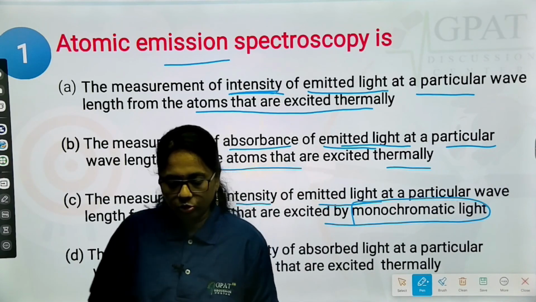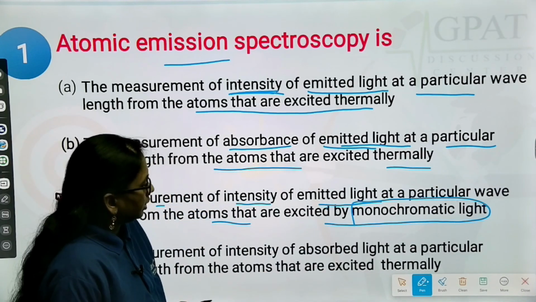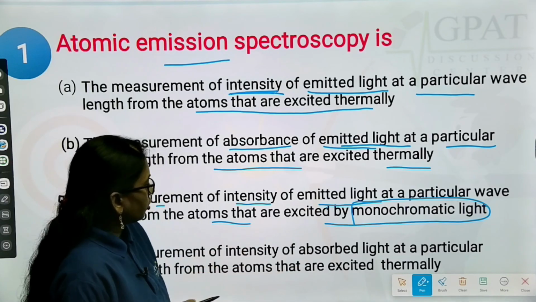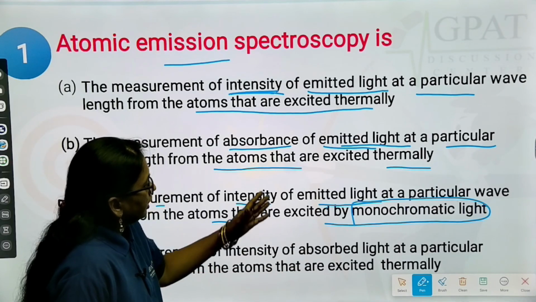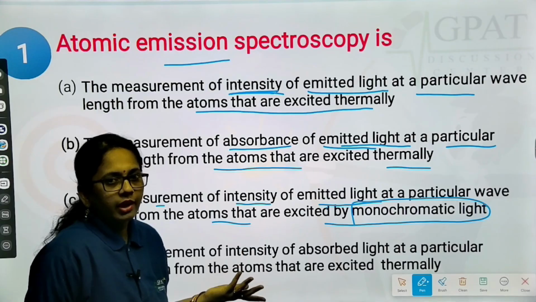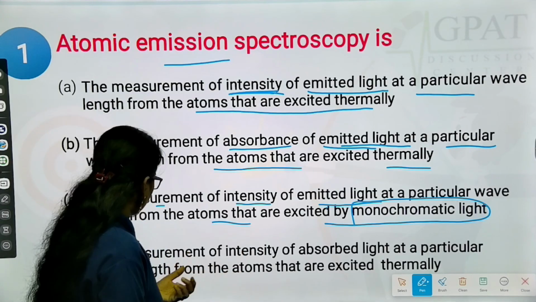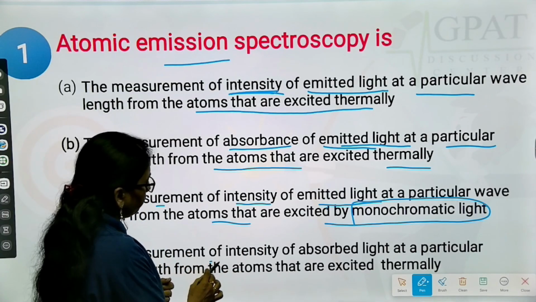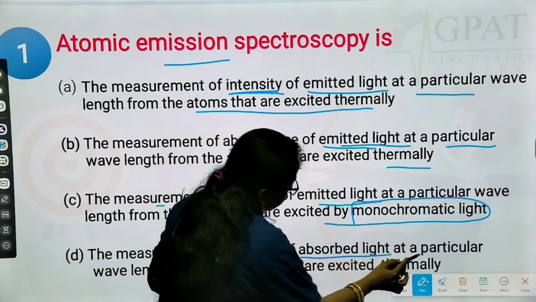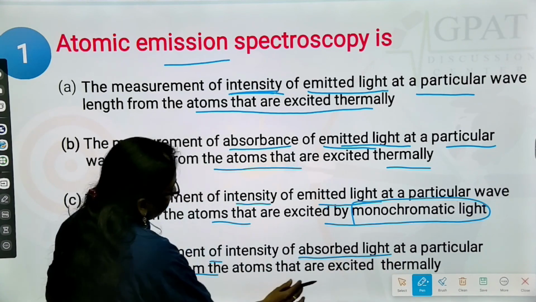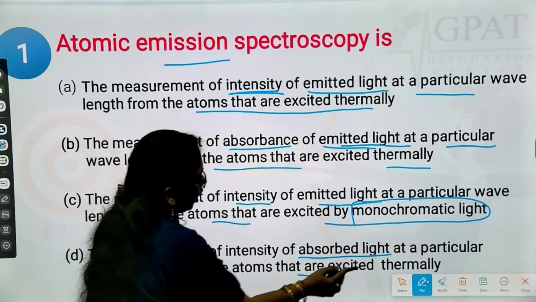No, nowhere are we going to use monochromatic light, so that is not the correct way. Thermally we are going to excite the atoms first of all. And lastly, the measurement of intensity of the absorbed light at a particular wavelength from the atoms that are excited thermally, not the absorbed light.